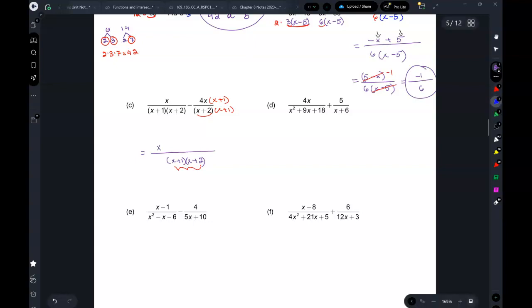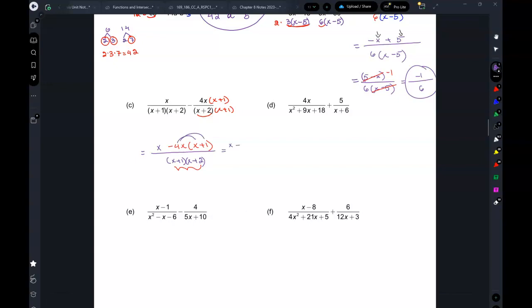Now, here, I need to distribute minus 4x into this. Okay, so basically what I have is minus 4x times x plus 1. That's easier to see, I think. So distribute the minus 4x.